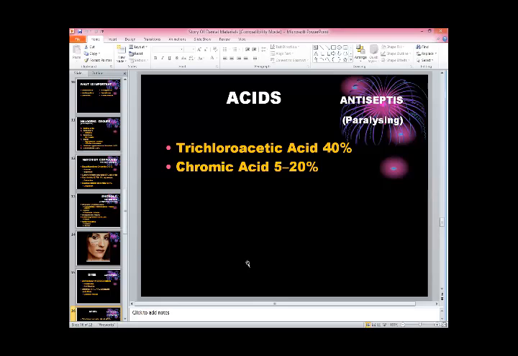If I say this one is paralyzed, what do you mean by paralyzing agents? We can say that these acids are paralyzing agents. Desensitization, not working.